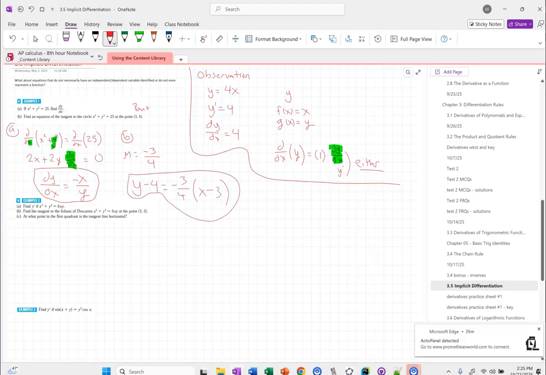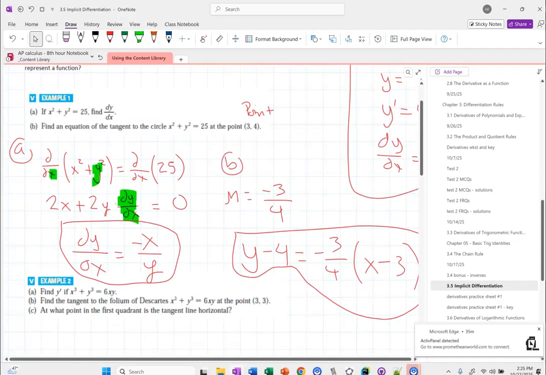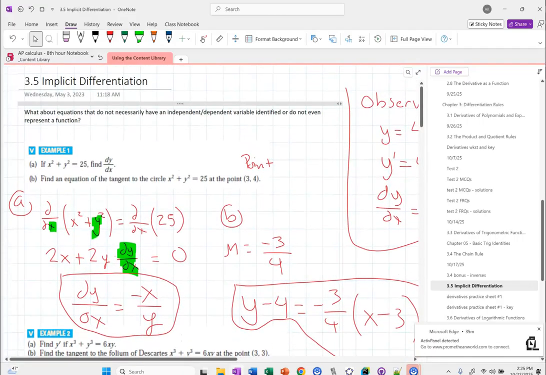Now notice that for this problem, I could have separated and gotten x or y by itself. I could have gotten y by itself by subtracting x squared from both sides and then square rooting both sides. What's the problem with that though? I got that nasty plus or minus floating around. I'm not really sure what to do with that.